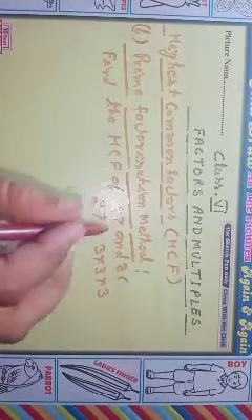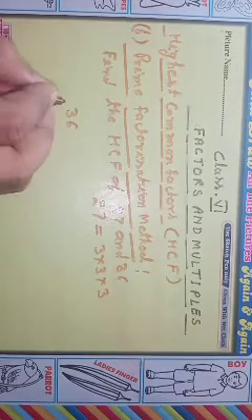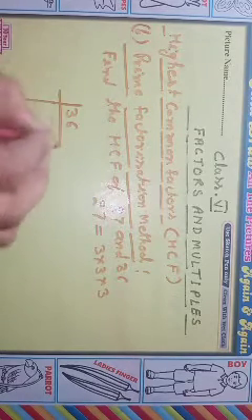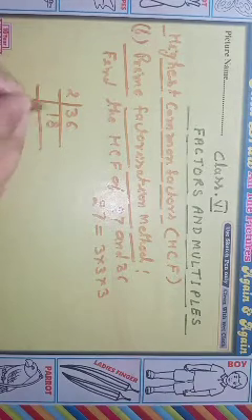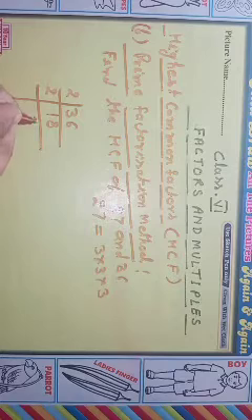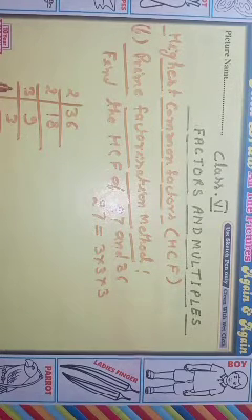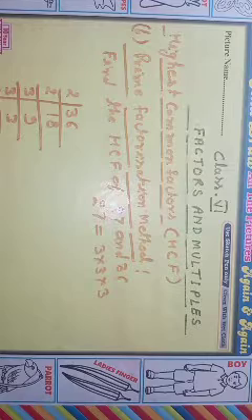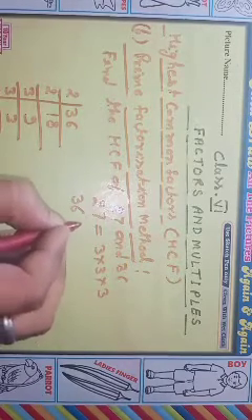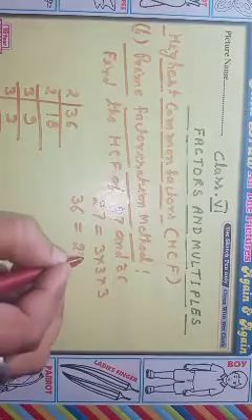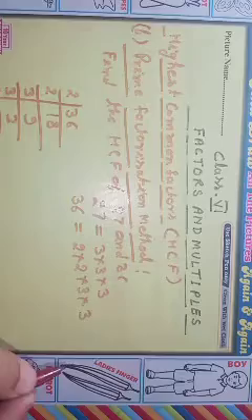Now write down the prime factors of 36. 36 is divisible by 2. Now the prime factors of 36 are 2 into 2 into 3 into 3.